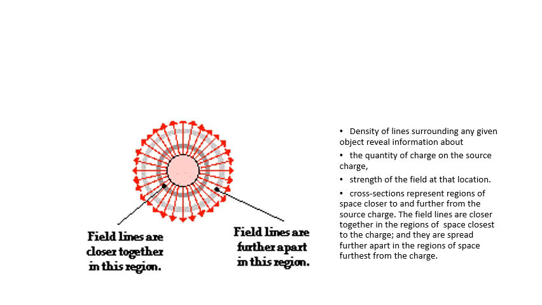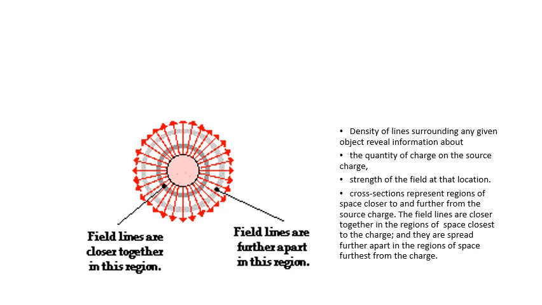We can also see one important thing here. When you are close to the source charge, the electric field lines are closer. And as you go away from the source charge, the electric field lines become further and further apart. So the density of lines surrounding any object reveals information about the quantity of charge on the source and the strength of the field at that location.